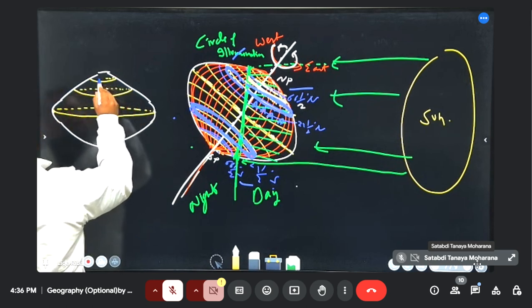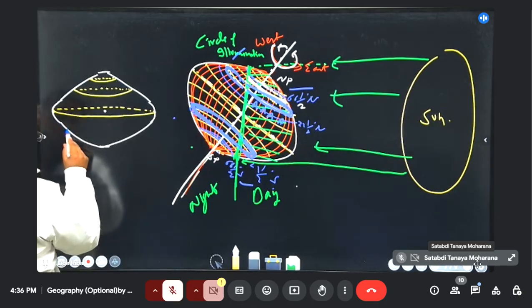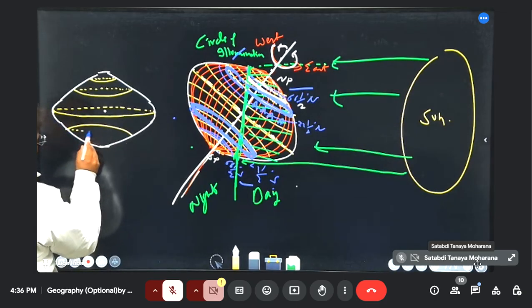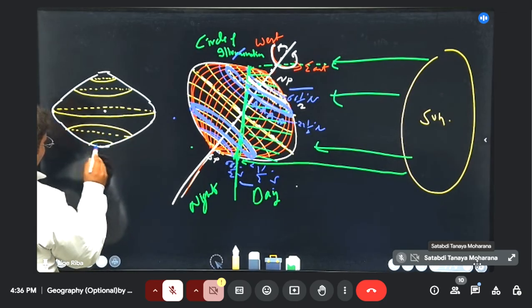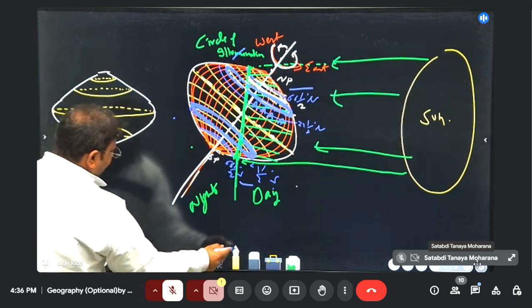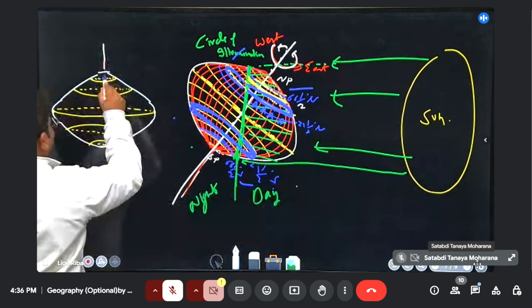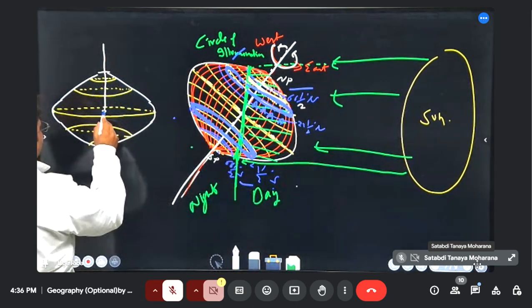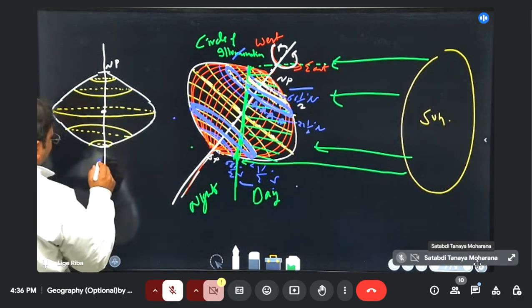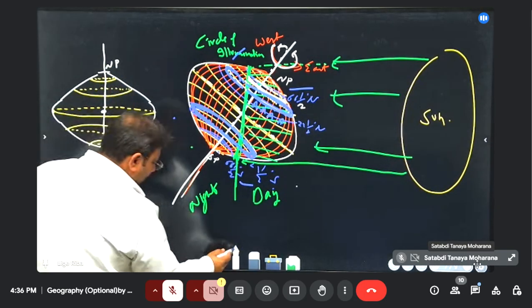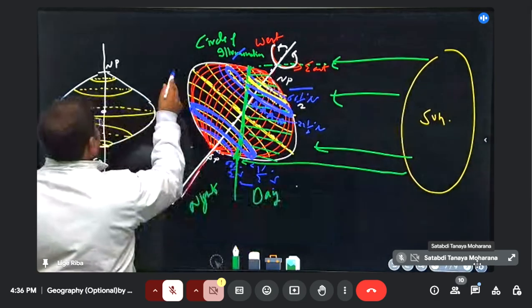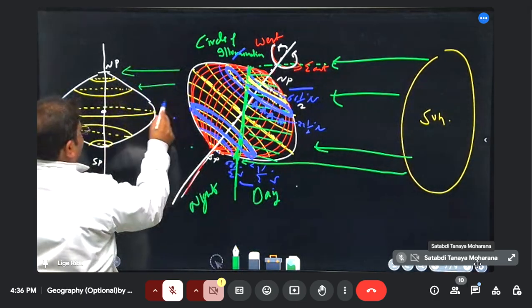Arctic Circle, this way. Tropic of Capricorn. Antarctic Circle, this way. Make the axis of the earth. This is the axis of the earth, North Pole, South Pole.